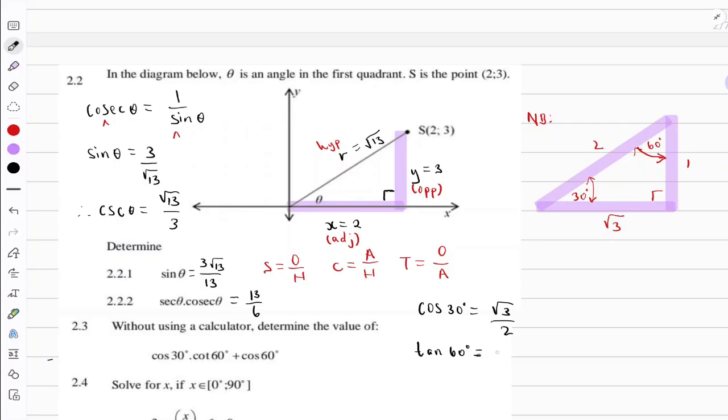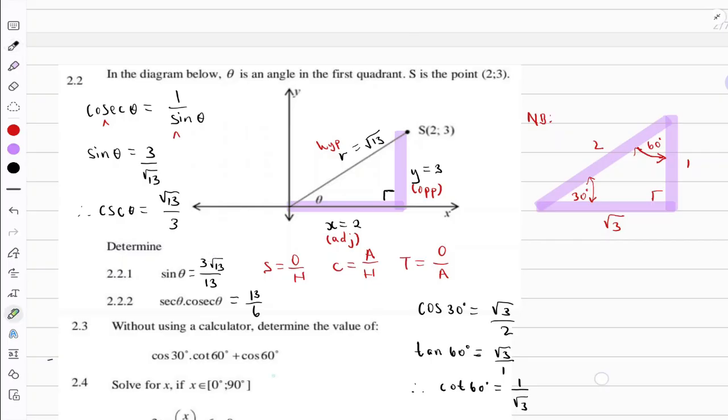So that will be opposite, which is root 3, over the adjacent, which is 1. So therefore cot 60 degrees would be the reciprocal. To find the reciprocal, we have to flip these two. So the denominator becomes the numerator and the numerator becomes the denominator. So this is 1 over root 3.